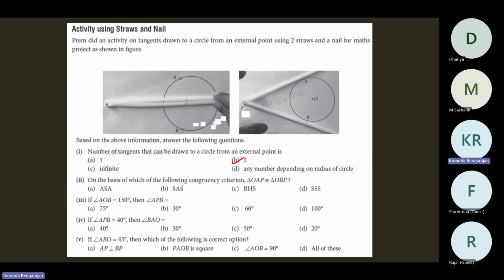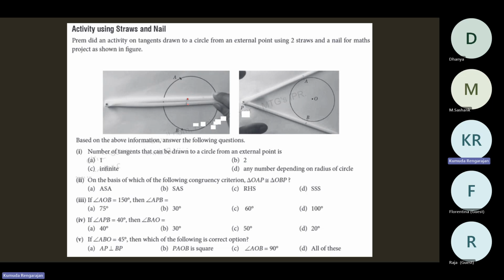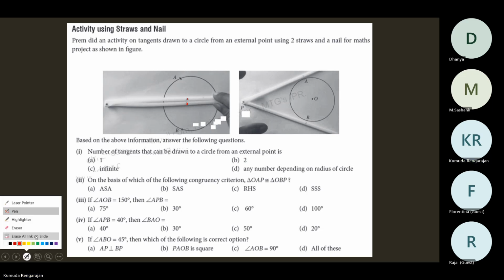Okay, so see the activity. Do you see here the student Prem? He's marked the points on the straw and then he's spreading the straw.